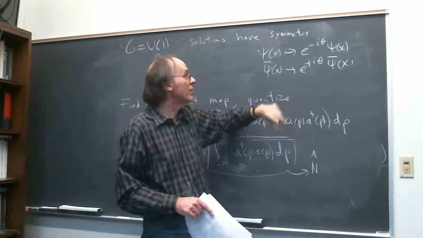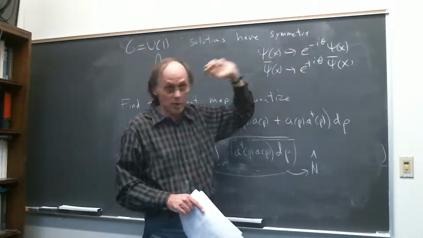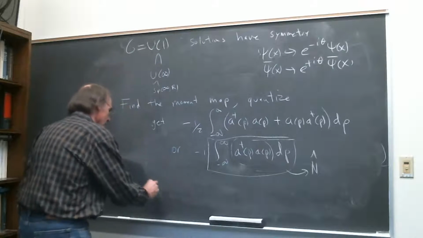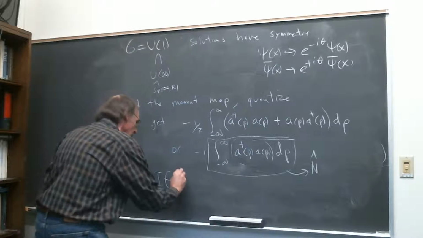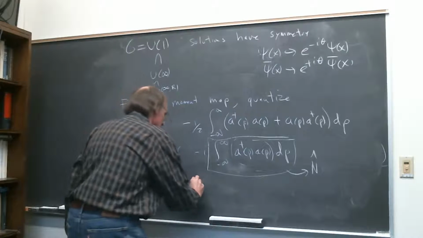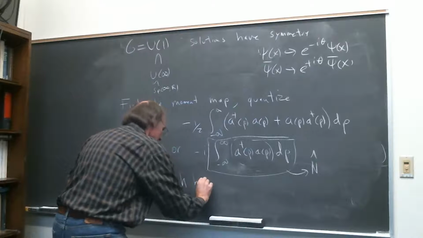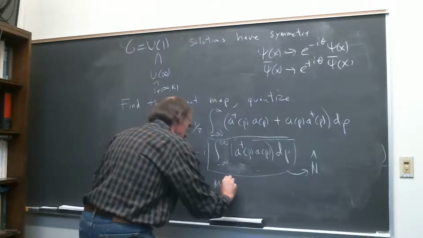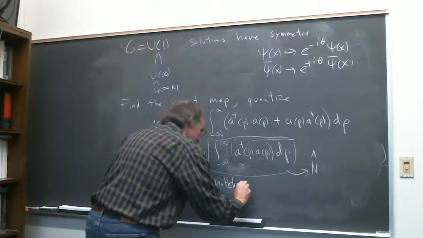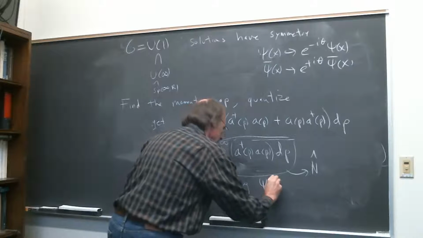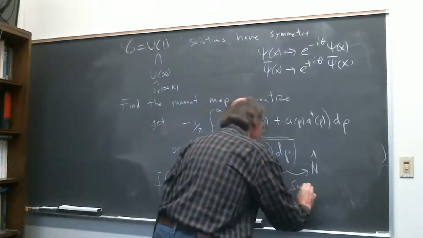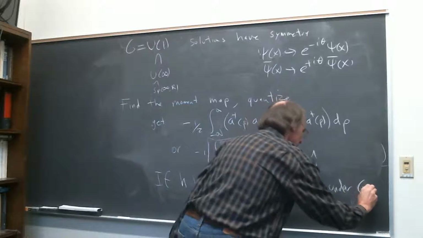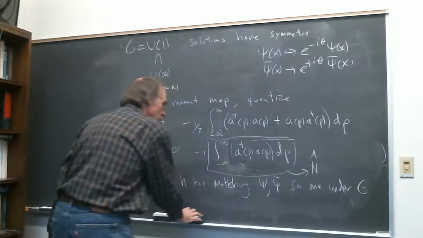Now if your Hamiltonian also has this behavior, so H has the same number of matching psi bars, so invariant under U(1), then what happens?